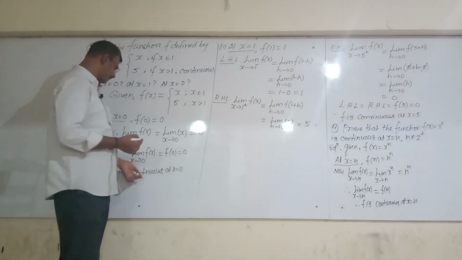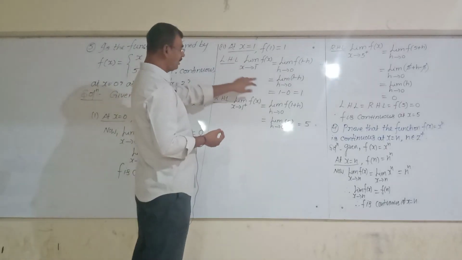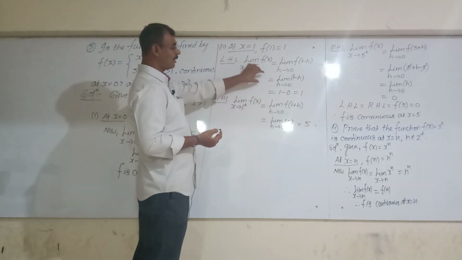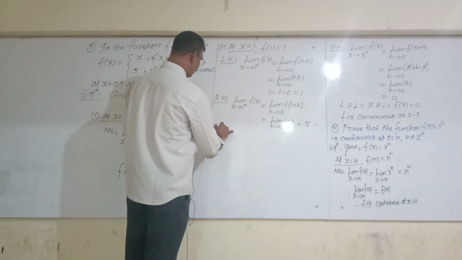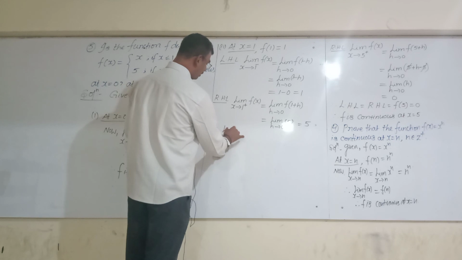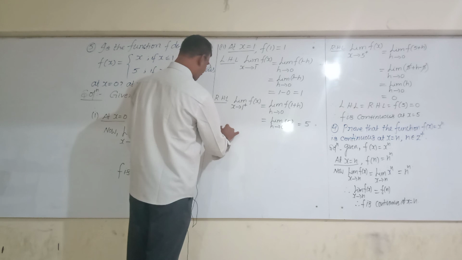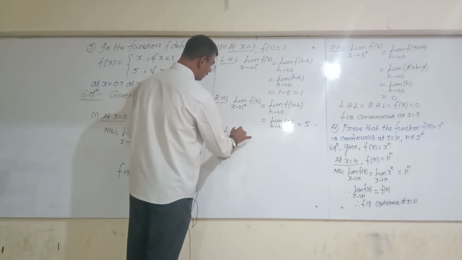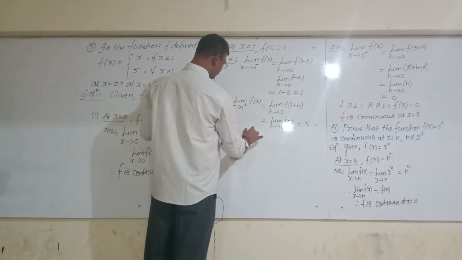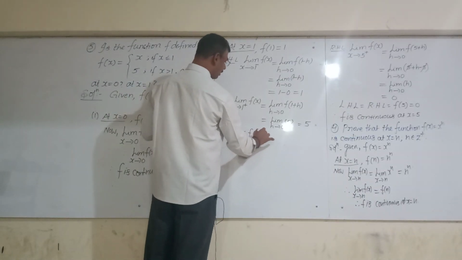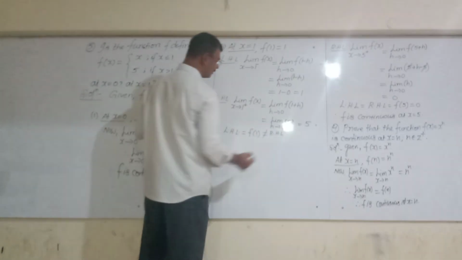Now you observe that here we are seeing the left hand limit is not equal to the right hand limit, correct? So what happened here? Therefore, the LHL is equal to f of 1. Okay, it is satisfied, but it does not satisfy the right hand limit.